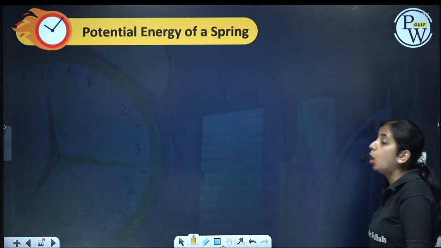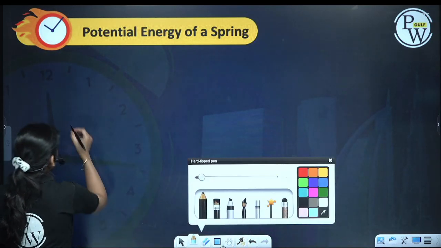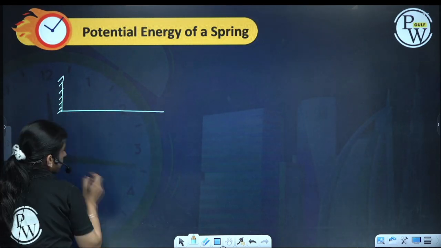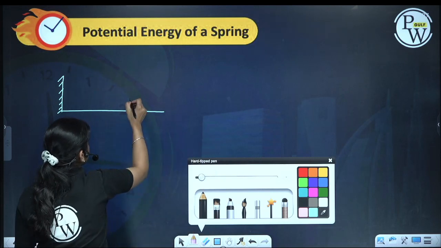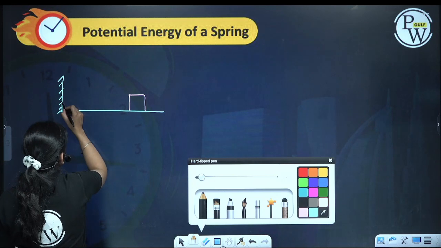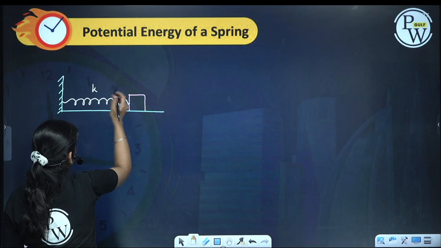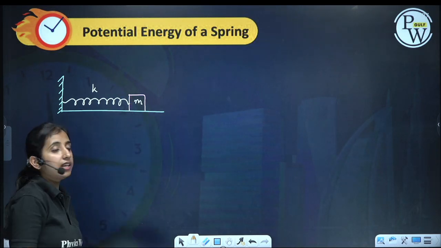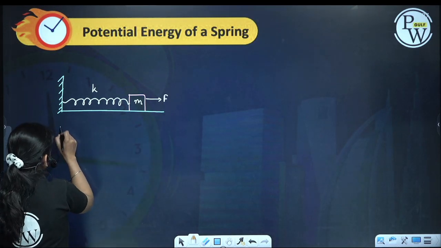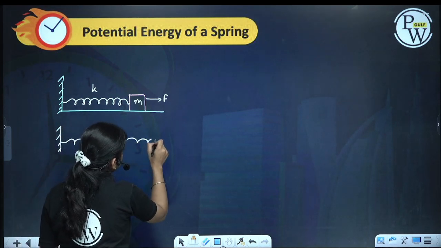Let's move ahead to the potential energy of a spring. If we have a body of mass m which is connected to a spring, and we apply some force on this spring, then it will elongate, it will stretch.